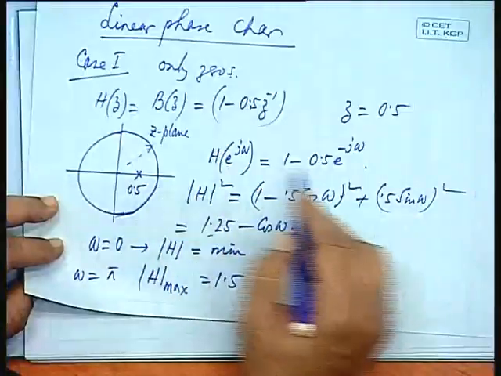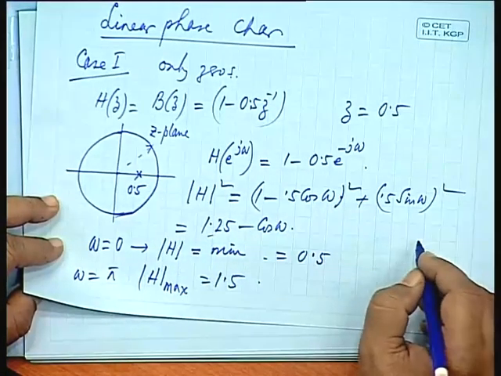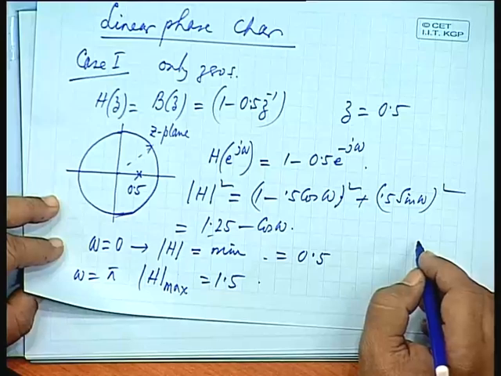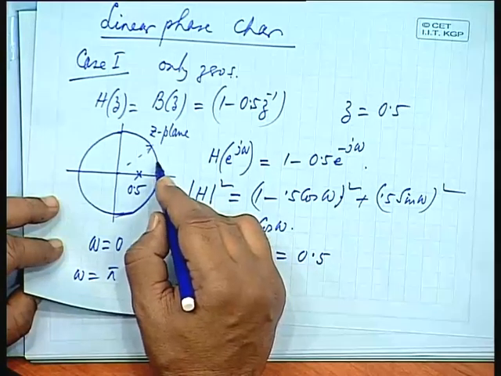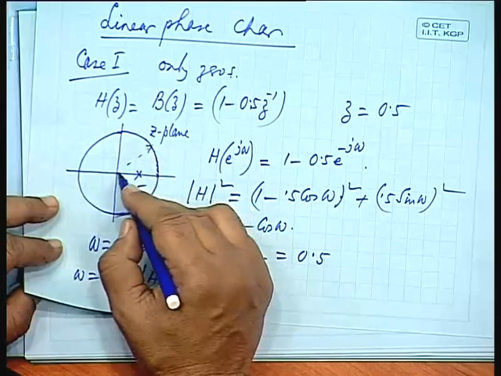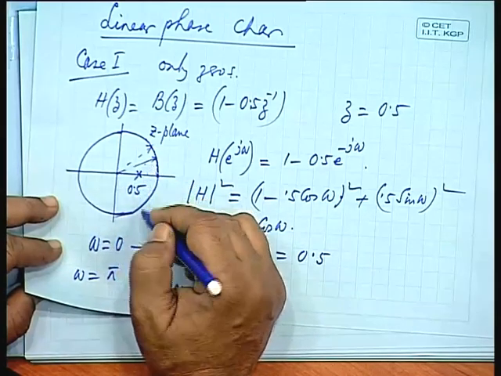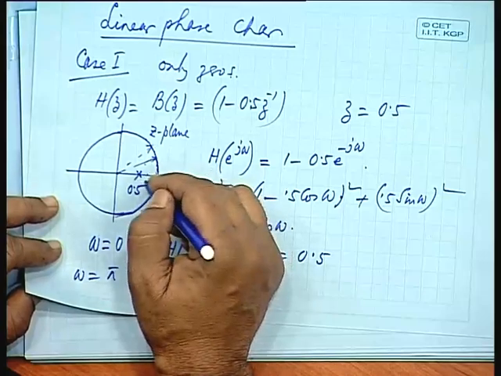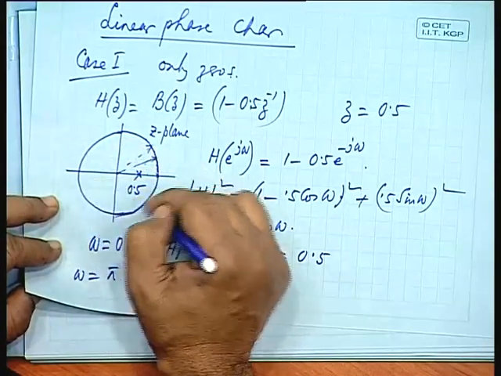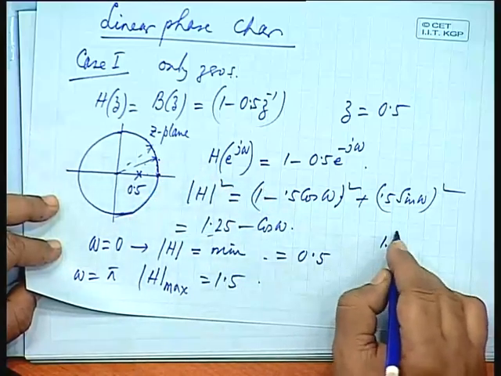And then basically in this you are putting z is equal to e to the power jω, is it not? z is equal to e to the power jω means you are going along this, you are taking ω at different points on this circle. So, that is what it is, e to the power jω, ω is this angle. When it is 2 pi, it is making a full circle, magnitude is 1, it is 1 into e to the power minus jω.